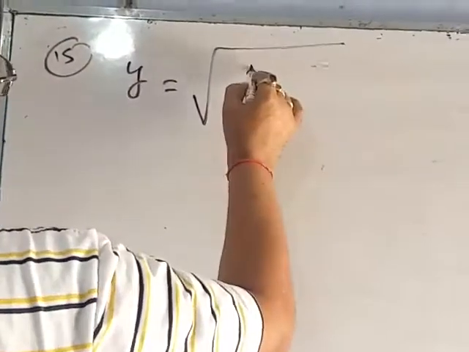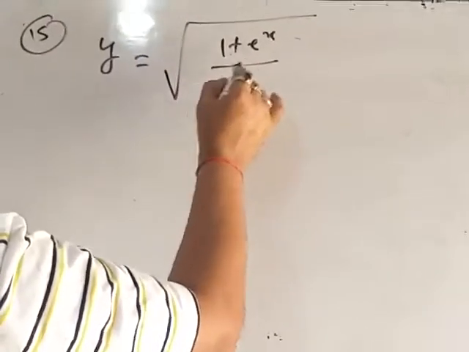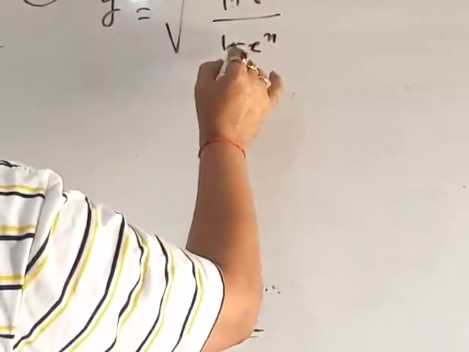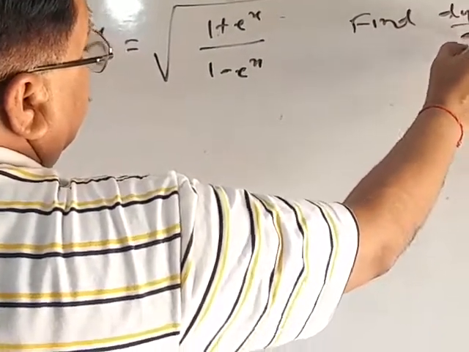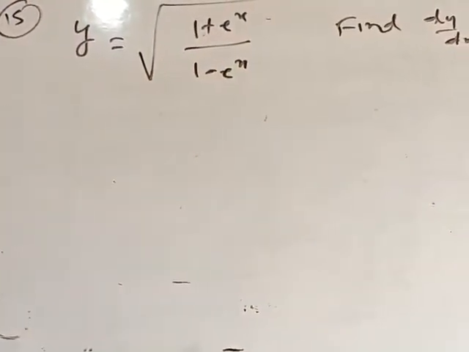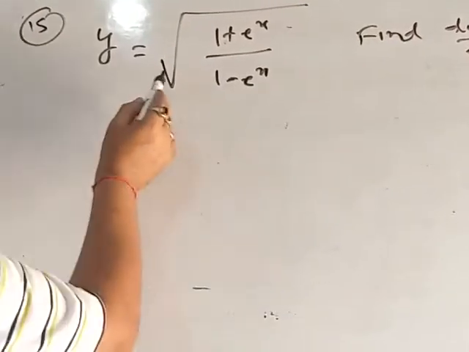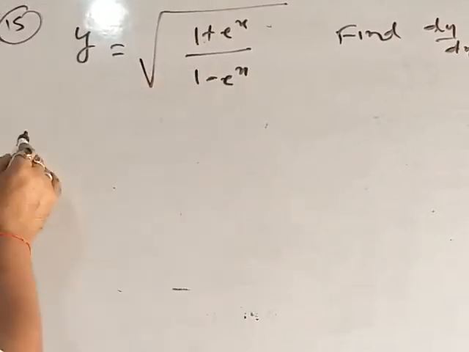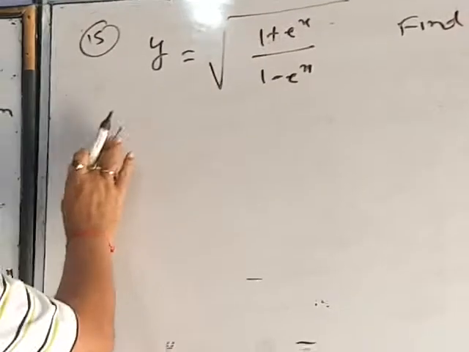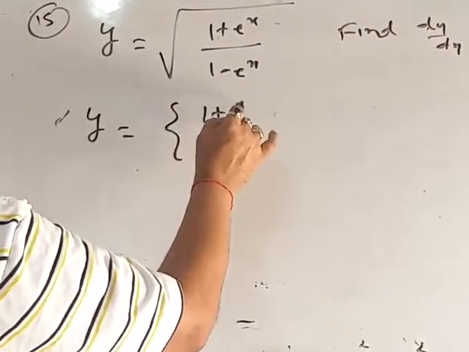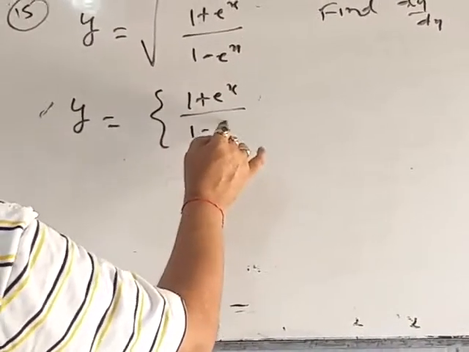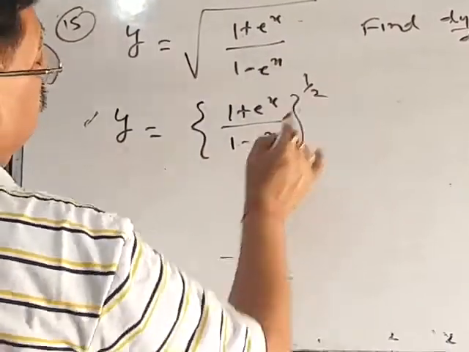Root over 1 plus e power x by 1 minus e power x, find dy by dx. Here, student, first of all we convert the radical to exponential form. y equals 1 plus e power x by 1 minus e power x, power 1 by 2.